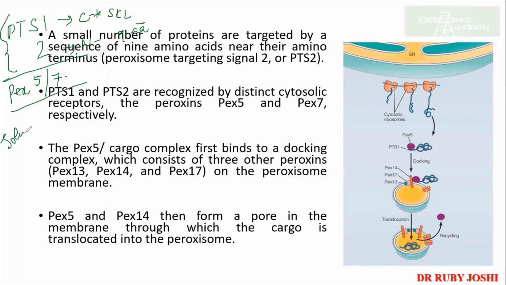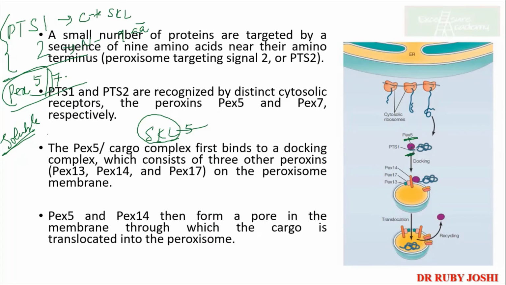They are soluble receptors. Now what is happening is that when in the cytoplasm you have a peroxisomal protein, if it has got SKL, let's say it has got the PTS1 signal, this will be recognized by your soluble PEX5 cytosolic receptor. Here you can see PEX5 came, this purple color is PEX5, which goes and binds at the C terminal.